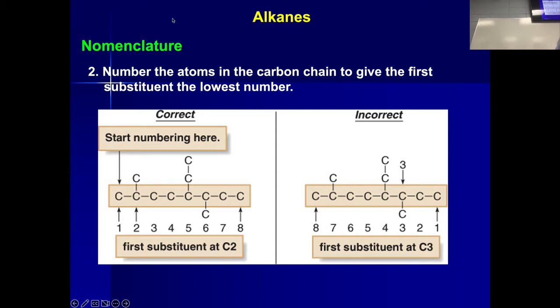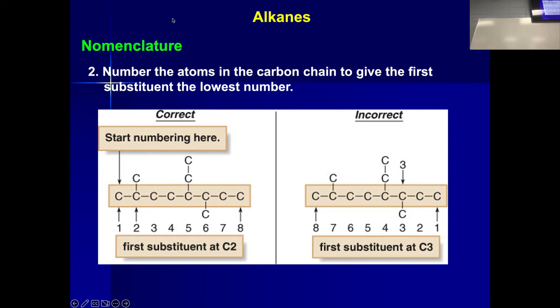So the first substituent comes in at carbon number 2 here. However, if I numbered the other way, 1, 2, 3, 4, 5, 6, 7, 8, the first substituent would appear at carbon number 3. This is the incorrect numbering scheme. This is the correct numbering scheme.